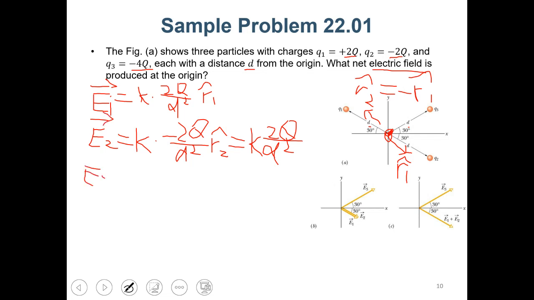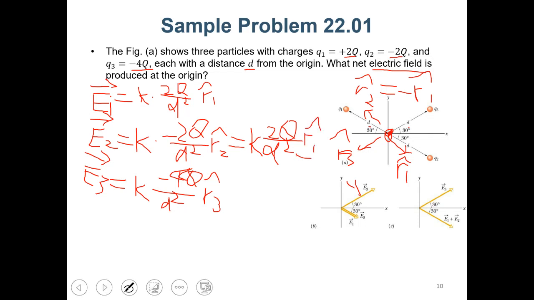For E3, let me define R3. R3 is here. So E3 will be K times minus 4 capital Q over D squared, R3 hat. So actually, E3 will be like this, and for E1, E2, we have R1 hat here.